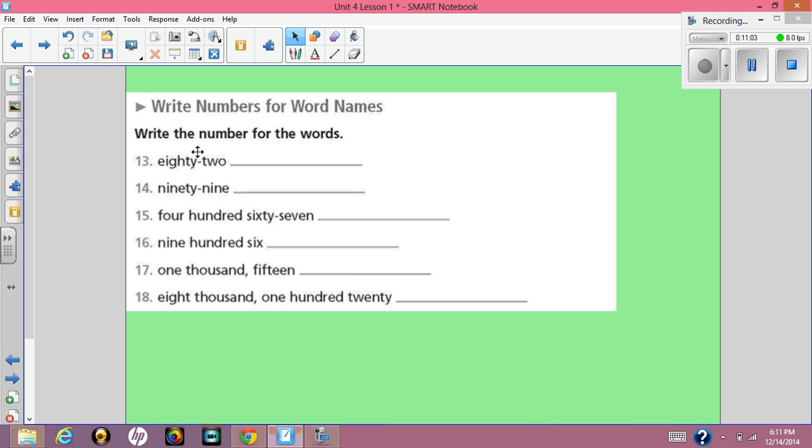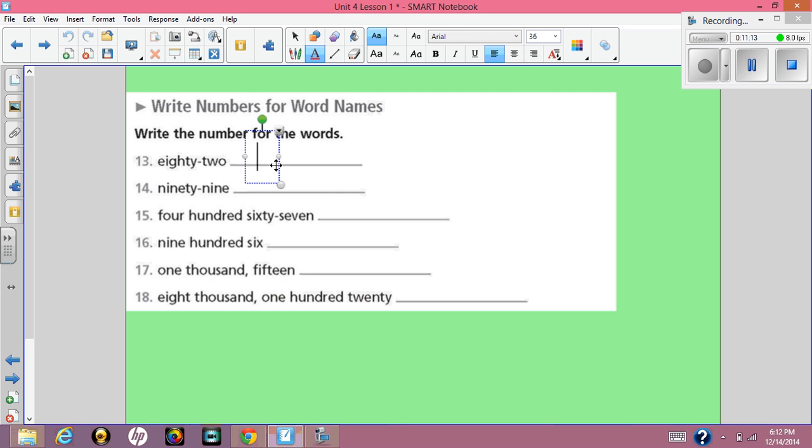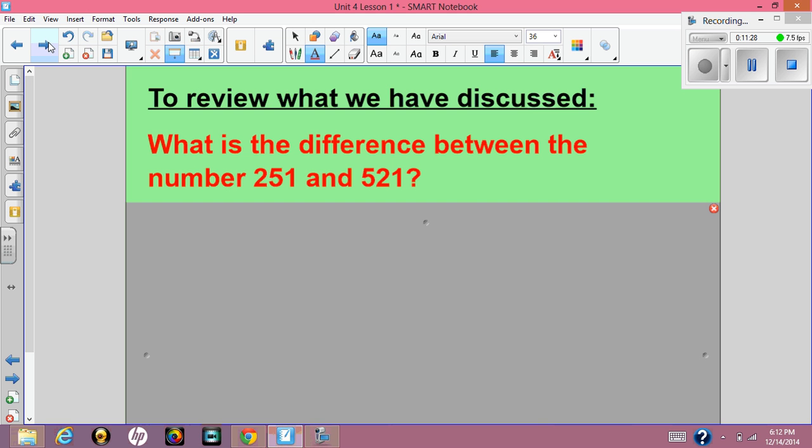Now let's look at these particular numbers. Here we have numbers that are in word form. So what you will do in this case is you will simply identify that 82 in standard form is written in this manner. So you will take a word name for a number and put it in standard form.